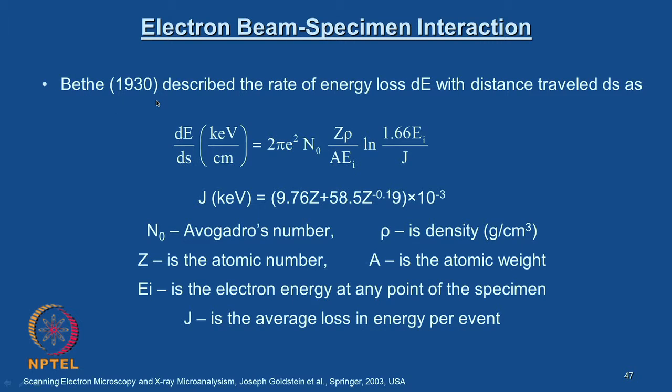Bethe described in 1930 the rate of energy loss dE with the distance travelled ds as dE by ds.